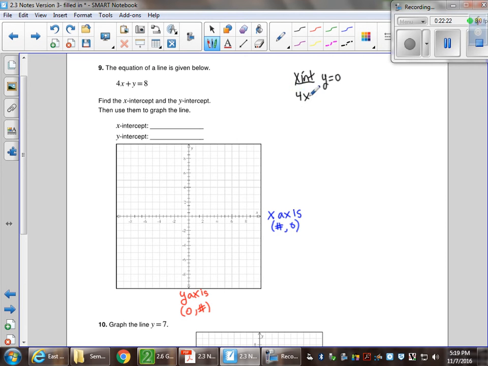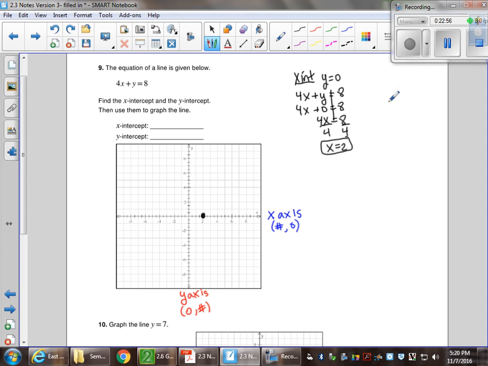So here I have 4x plus y equals 8, which is now 4x plus 0 equals 8. What's 4x plus 0? Oh, look, that's just 4x. Divide by 4, divide by 4. X equals 2. Notice, I needed an x-intercept, and I got x equals 2. Plot that point. 1 down, 1 to go.